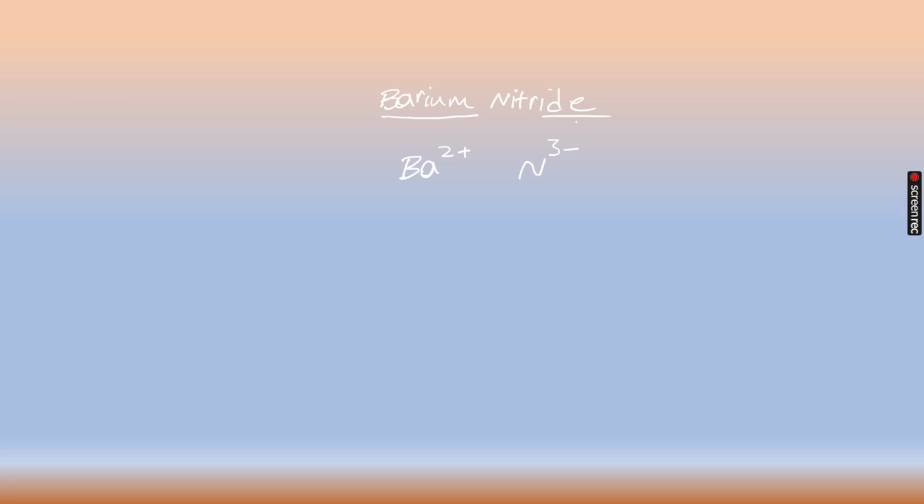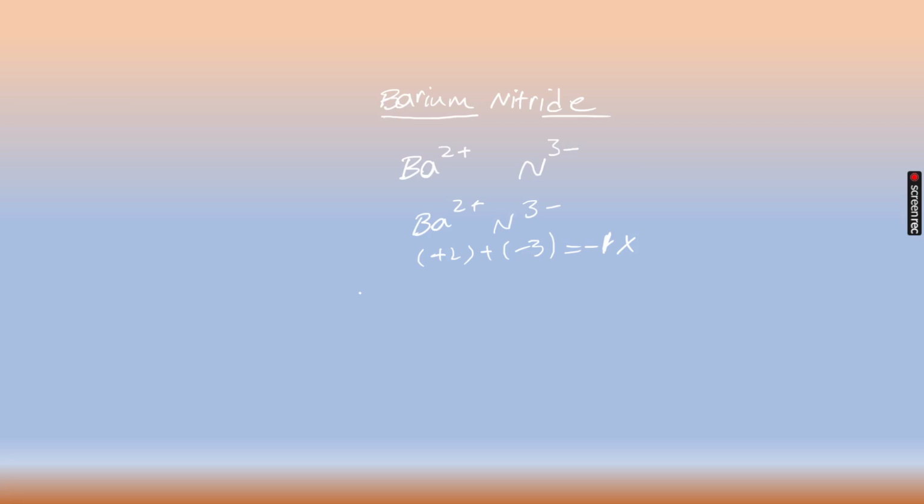And the nitride, barium nitride. If you wrote, for example, barium and the nitride, is it neutral? Let me see. No, plus 1 and minus 1 is not neutral.